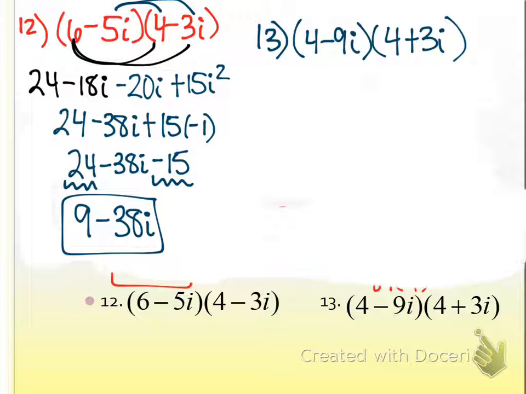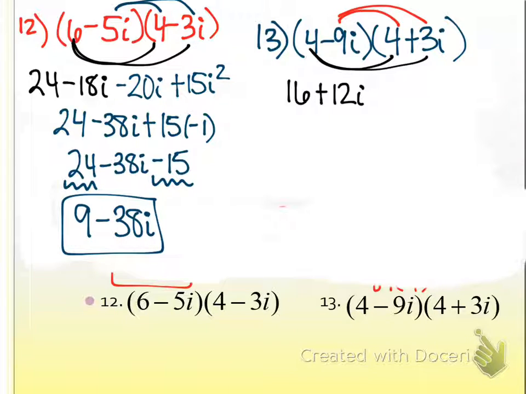All right, on 13, we start off by double distributing. So I'm going to take 4 times 4 and 4 times 3i. What's 4 times 4? 16. 4 times 3i is a positive 12i. But then I also have to take negative 9i times 4 and negative 9i times 3i.